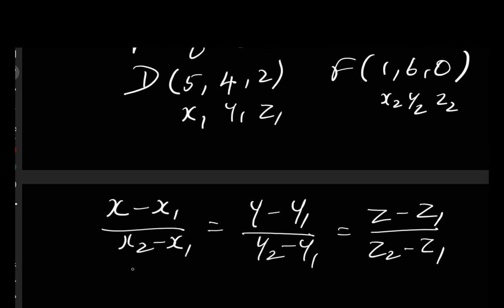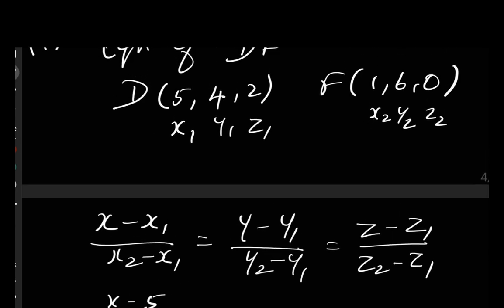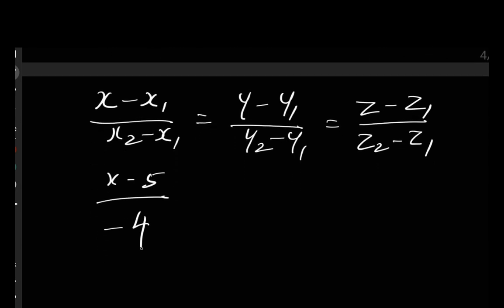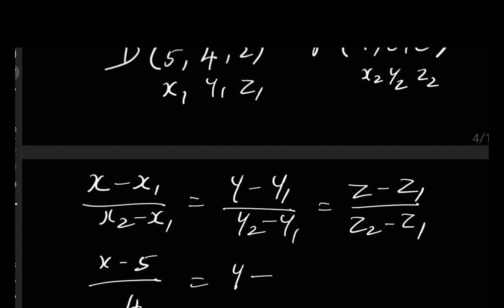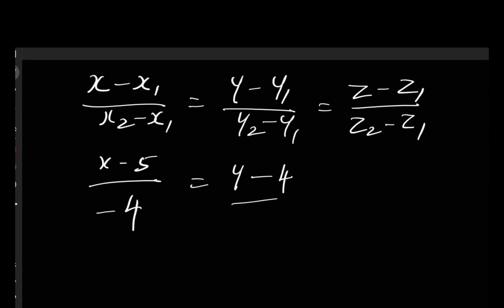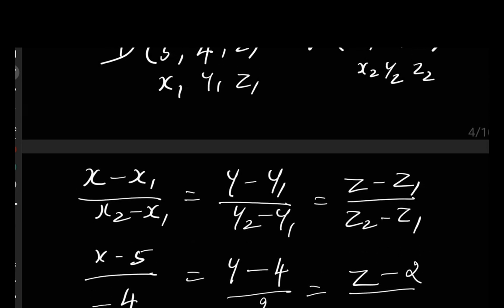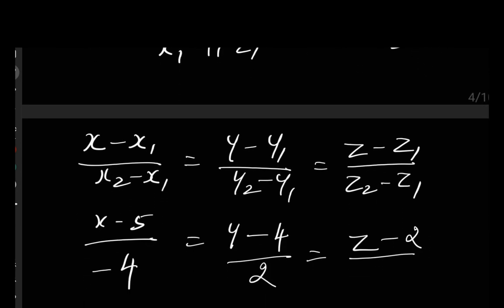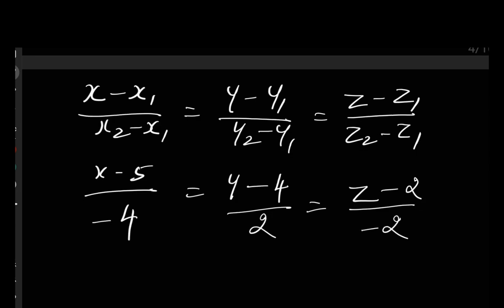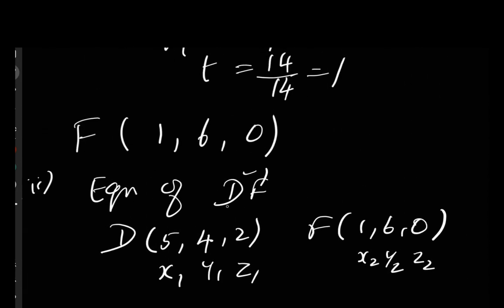So x minus 5 divided by 1 minus 5, that is minus 4; y minus 4 divided by 6 minus 4, that is 2; z minus 2 divided by 0 minus 2, that is minus 2. So this is the equation of the perpendicular line DF.